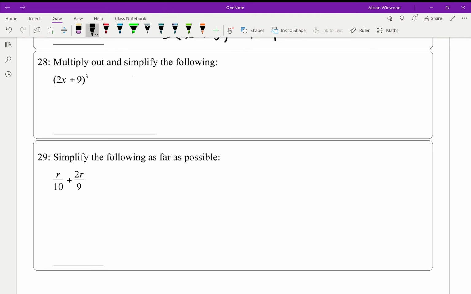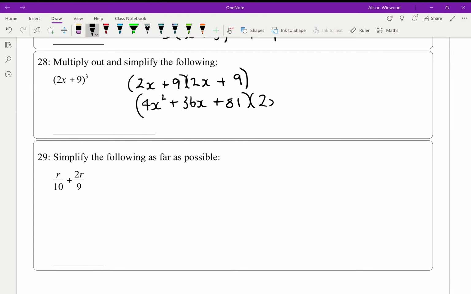Instead of cubing, we'll start by just squaring, so two versions of the same bracket gives me 4x squared plus 36x plus 81, and then I'm going to multiply that by another version of the bracket.